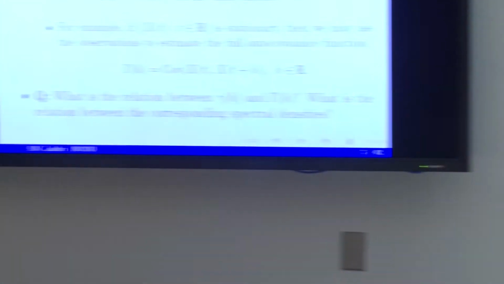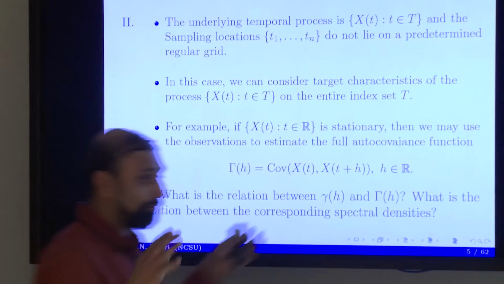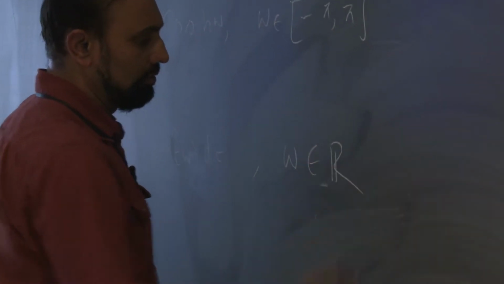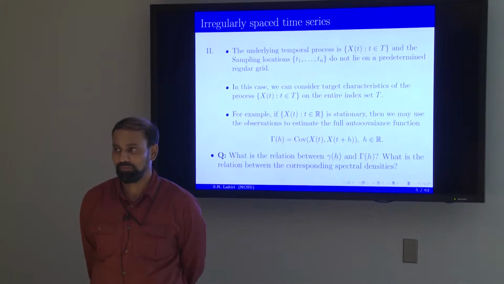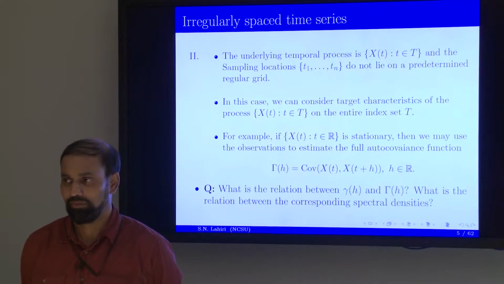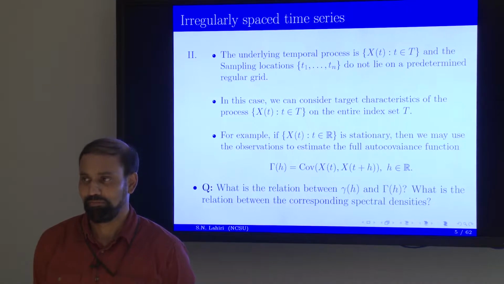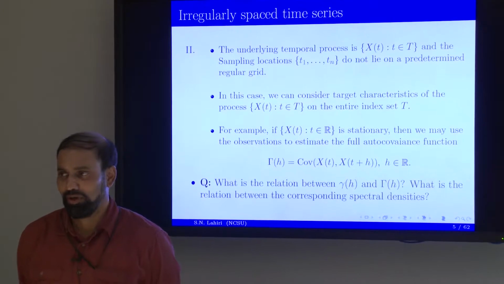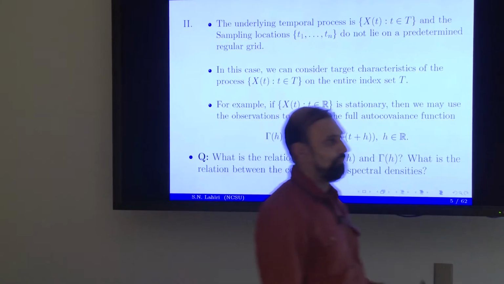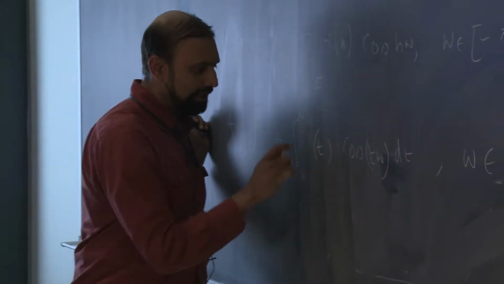Right. So in one case, you have a function that is defined only on a bounded interval, minus pi to plus pi, and this one is defined on R. And there is a relation between these two. If you look at these two formulas, I should perhaps write capital gamma.